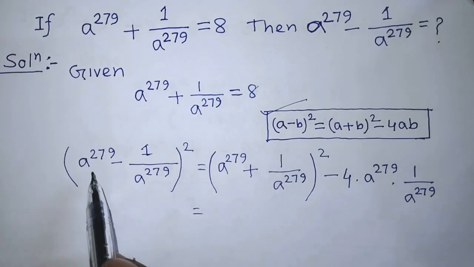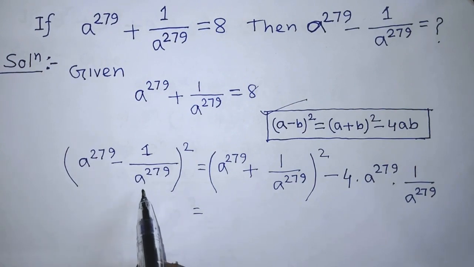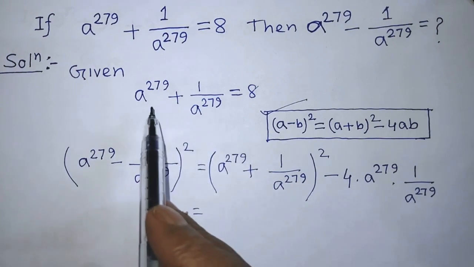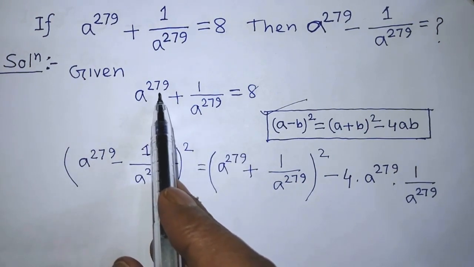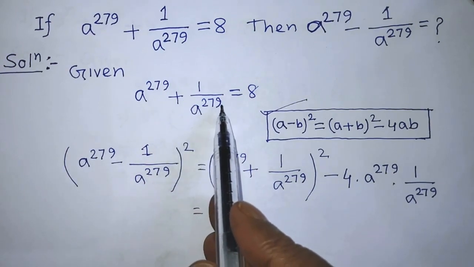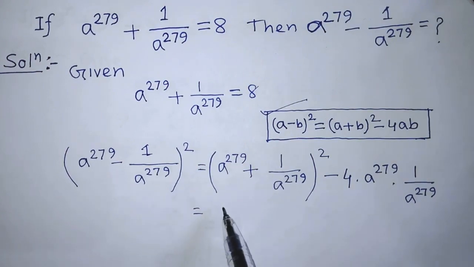To find the value of a to the power 279 minus 1 over a to the power 279, we have to put the value of a to the power 279 plus 1 over a to the power 279 is equal to 8 on the right hand side of this equation.